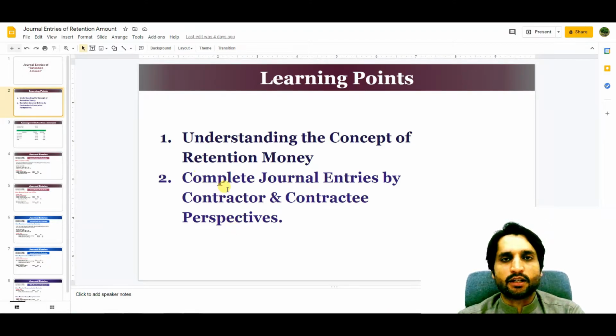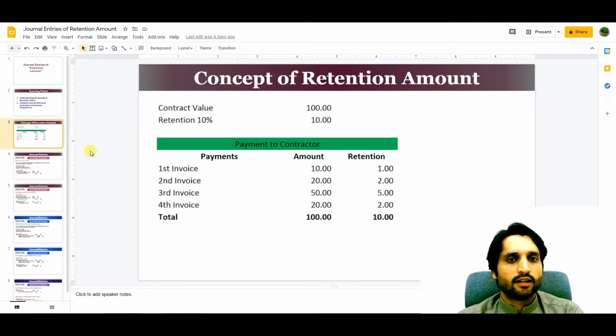Let's see an example so you will understand it easily. Now suppose a contractor is going to build a house, the total contract value is $100, and retention will be 10%. Every time the contractor completes his job step by step, he submits an invoice.